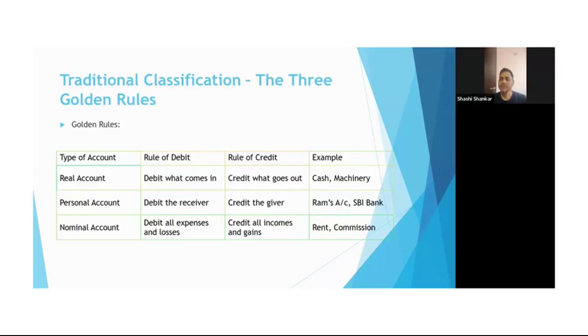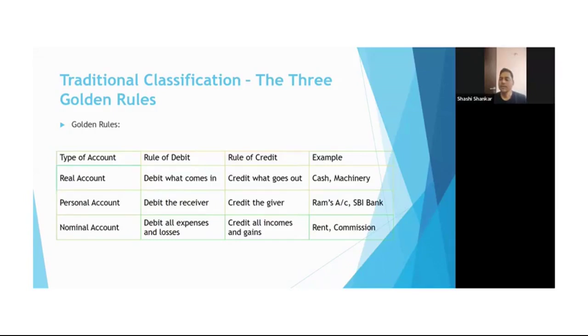Personal account is the individual's account, like Ram's account, firm's account, bank account, something like that. And nominal account is like rent, commission. For a real account, the rule is debit what comes in and credit what goes out.